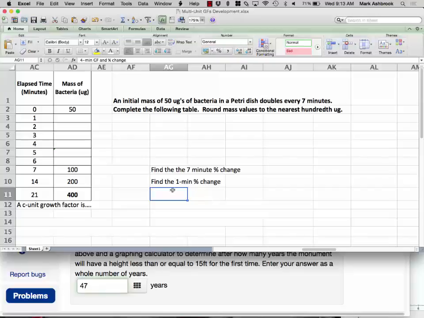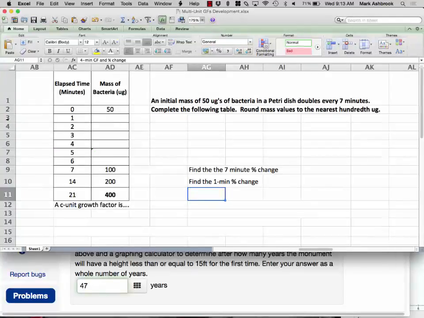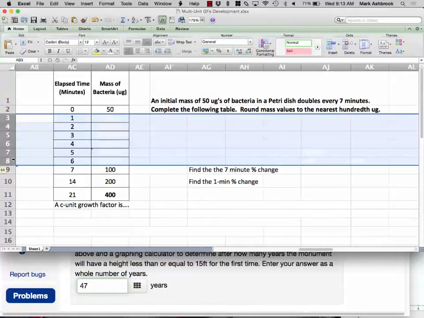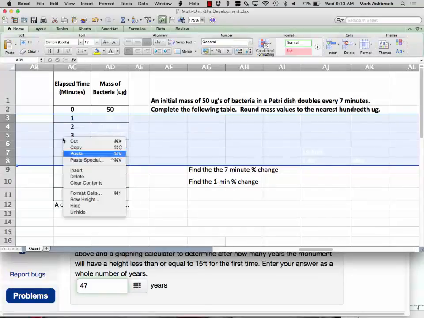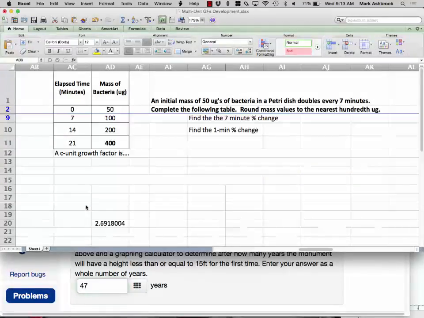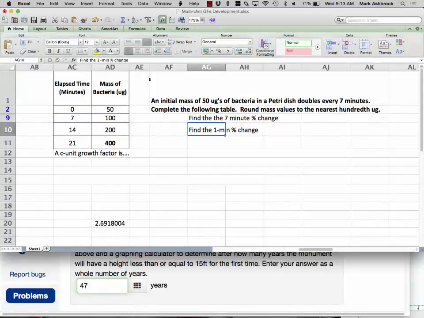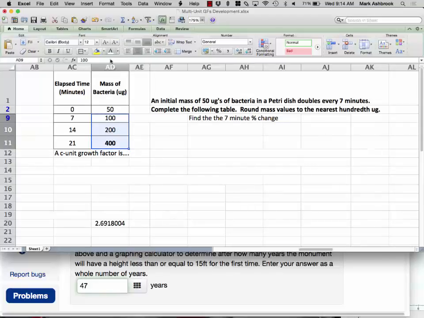Let's do this one. An initial mass of 50 micrograms in a Petri dish doubles every 7 minutes.